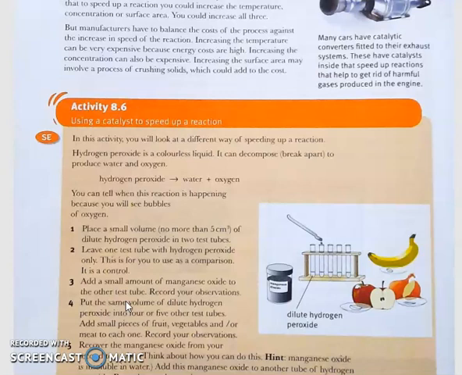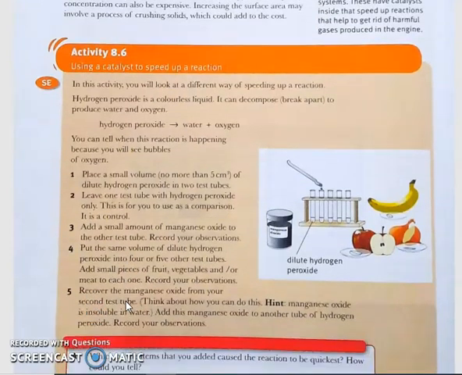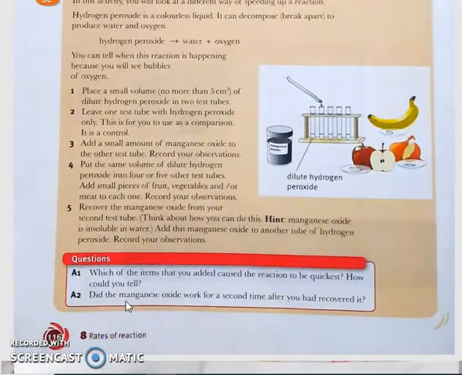This is for you to compare, as the control, how it produces oxygen and water without any influence of a catalyst or other particles. The second thing is to add a small amount of manganese oxide to the other test tube and record your observation.